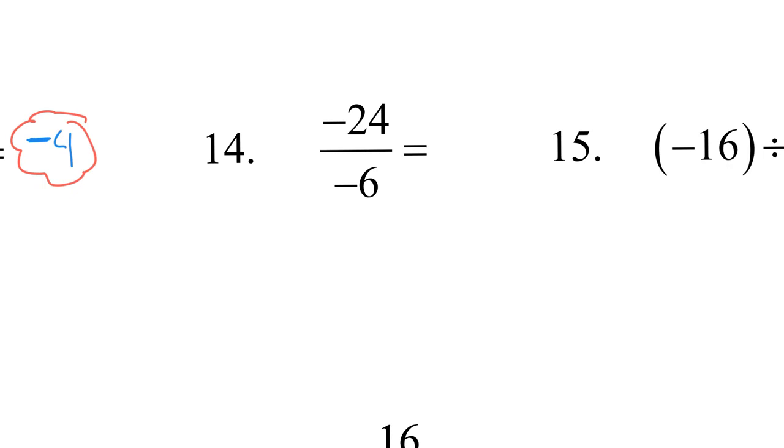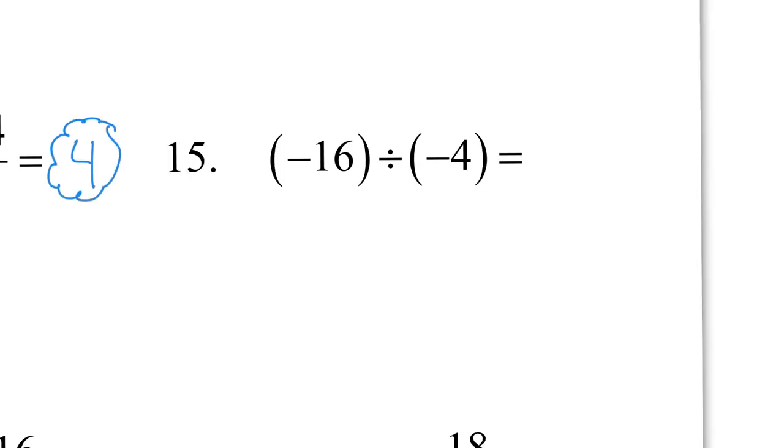And when you divide 24 divided by 6, that's how you read the fraction. Negative 24 divided by negative 6 is going to be positive 4. A negative divided by negative, the same sign, is positive 4.